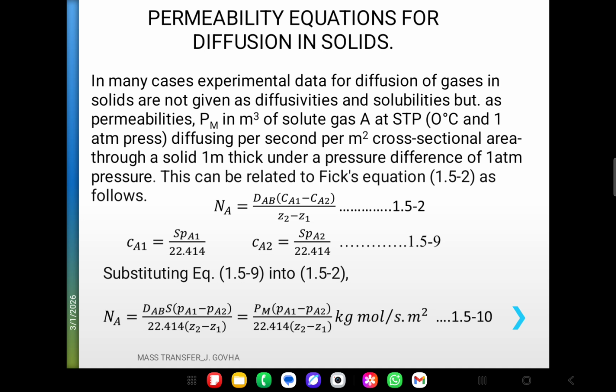So we just replace where CA1 is, and where CA2 is, with those. After that, we obtain the following equation.